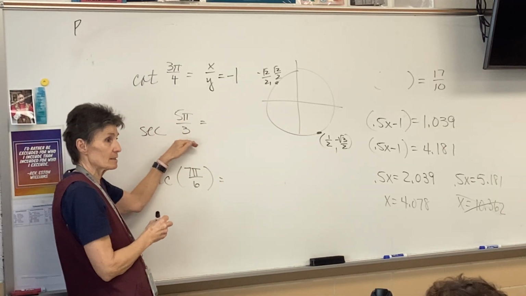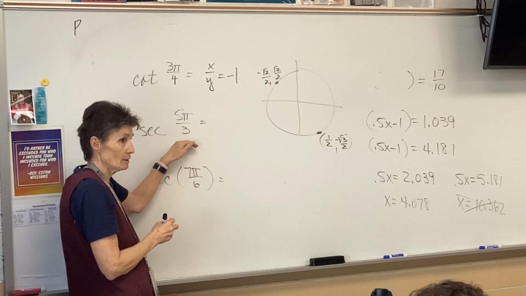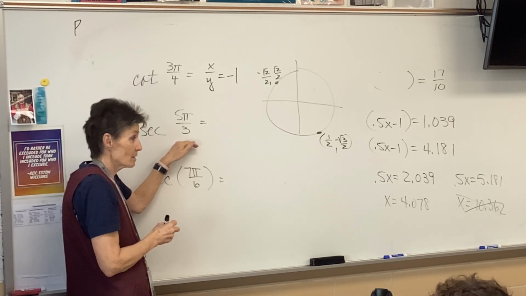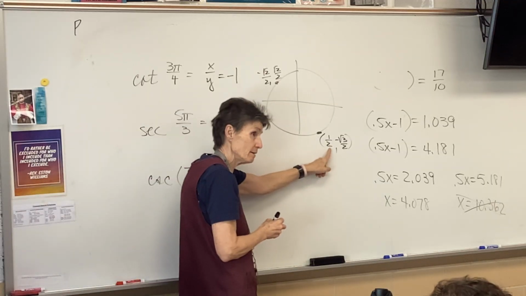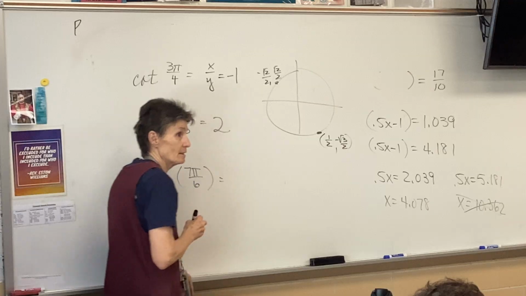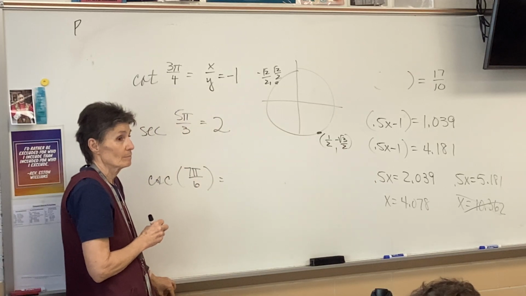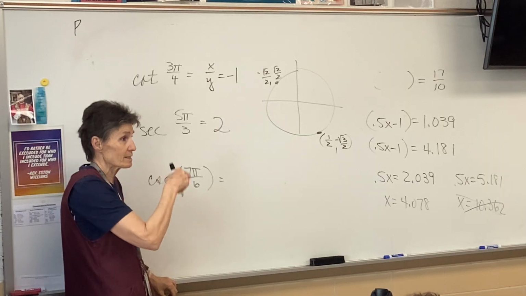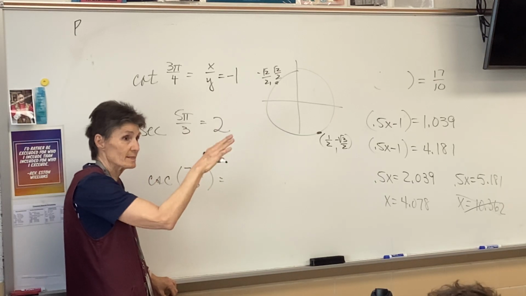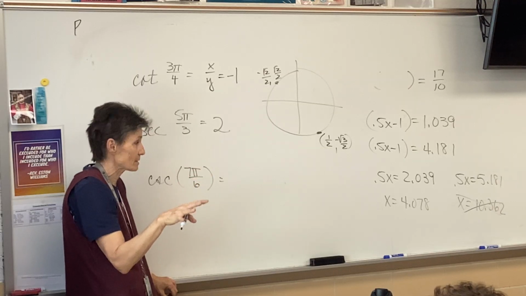The secant is the reciprocal of the cosine. So I look at my cosine and I flip it. So the secant is 2. We do not reciprocal angles. We reciprocal sines and cosines, the fractions.